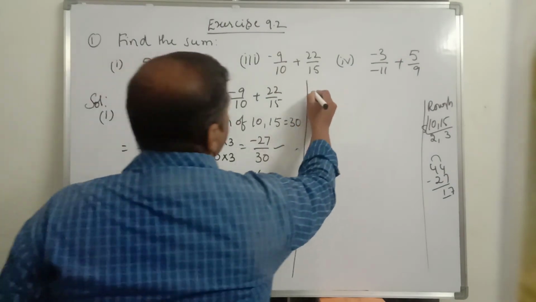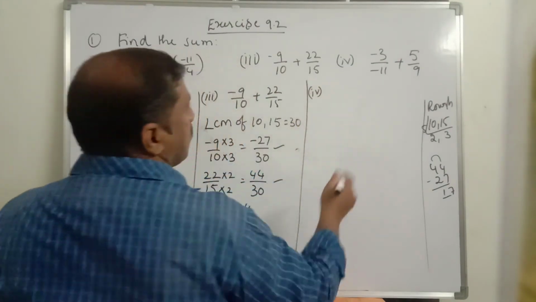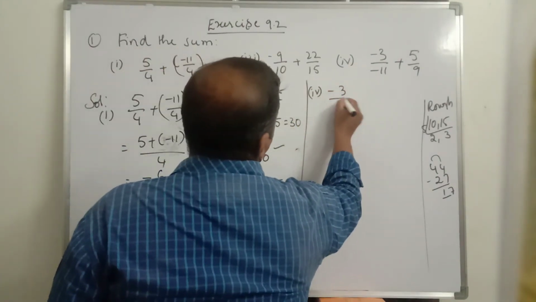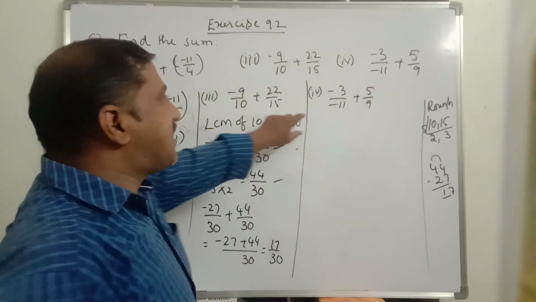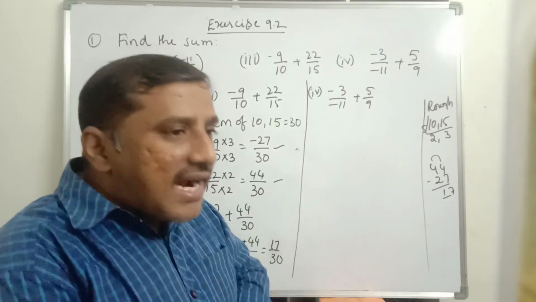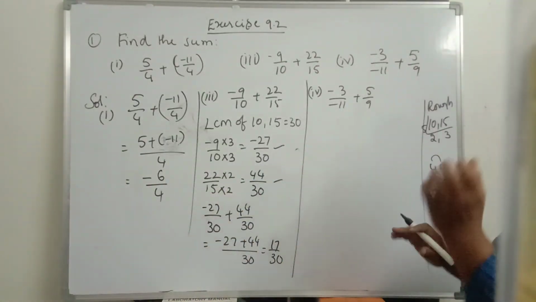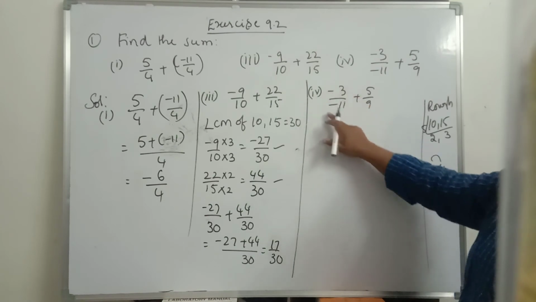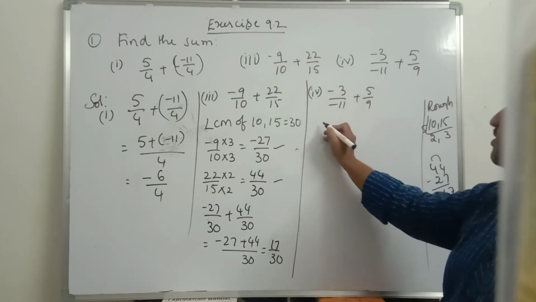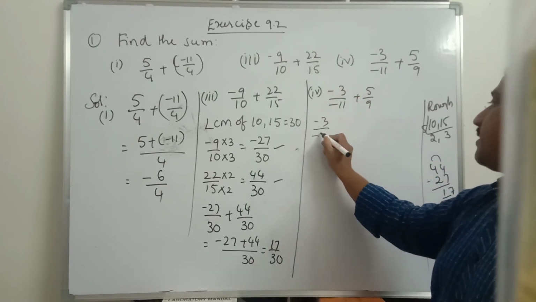Next you see the fourth bit. Here it is. The two rational numbers are minus 3 by minus 11 plus 5 by 9. So this is not in the standard form. Before we add, change the given rational numbers, if they are not in the standard form, to the standard form. The first rational number is minus 3 by minus 11.